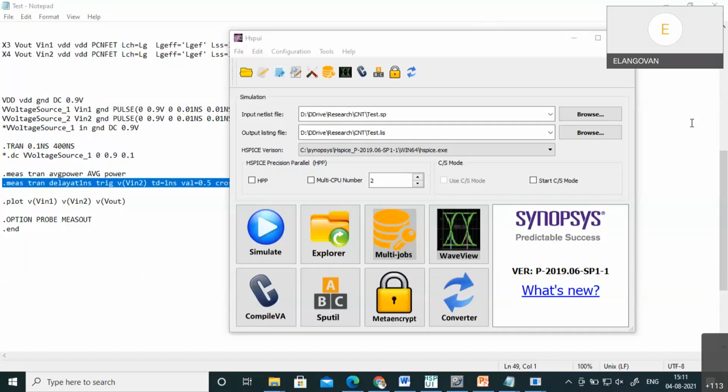I know a little bit about how to make a digital circuit using CNTFET, even analog circuits also. And how to make use of it in HSPICE, I know a little bit. If you are interested to do your research work on this, I'm ready to help you. Do you have any more queries? Please ask your queries regarding this netlist or HSPICE or in general CNTFET.